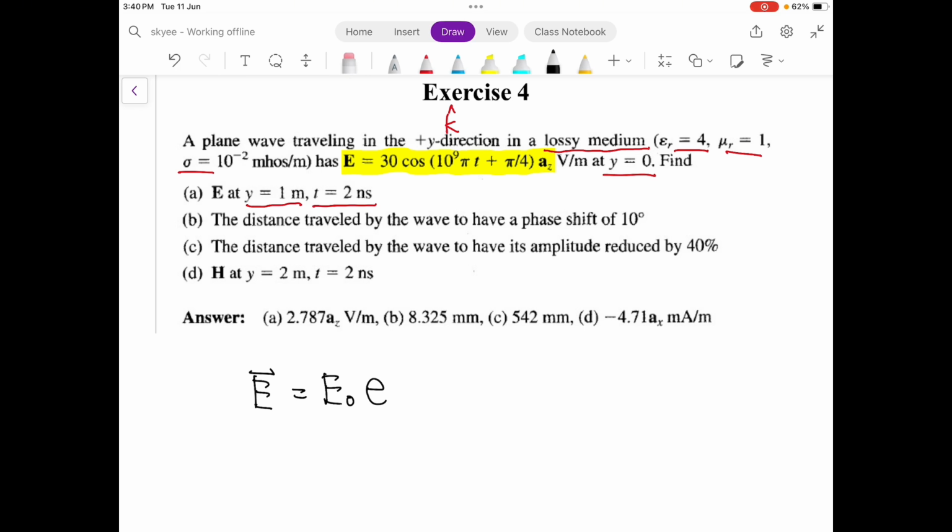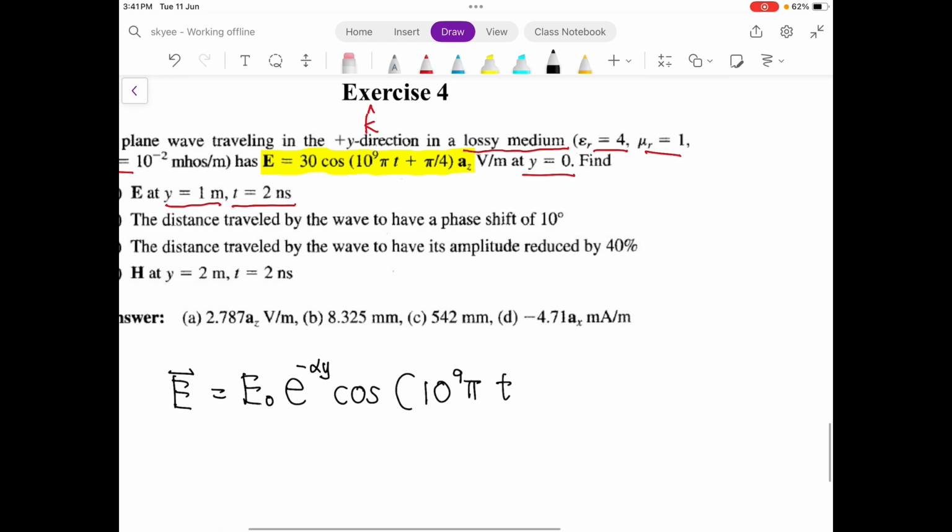I put negative alpha y, where alpha is the attenuation constant, negative because the plane wave is traveling in the positive y direction. Then cos of omega t, where omega has been given as 9 pi, the same as before.